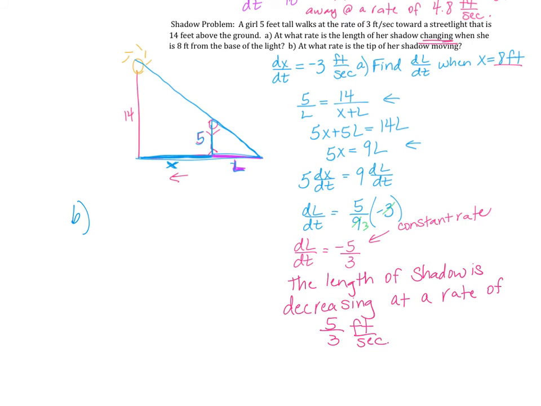At what rate is the tip of her shadow moving? So think about it, as she's walking this way, this tip doesn't stay right here. It's very hard to draw this out on screen without being able to point, but the length is getting smaller, and this tip would be moving this way as she walks.